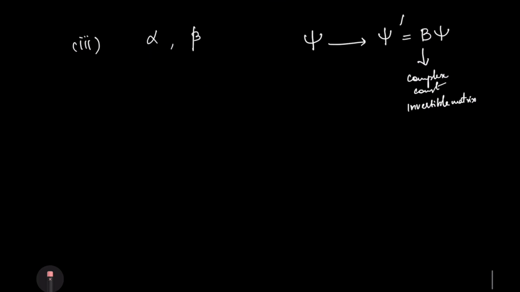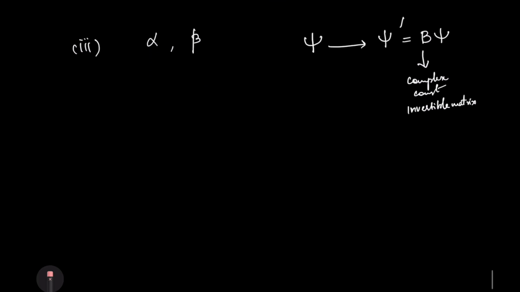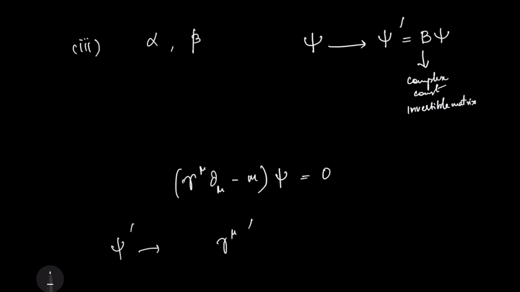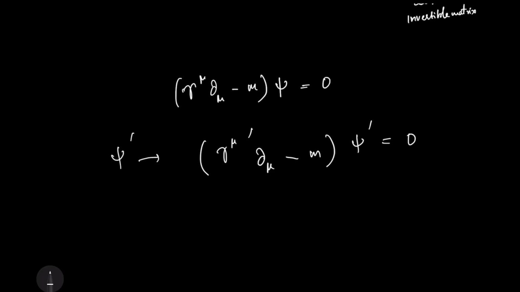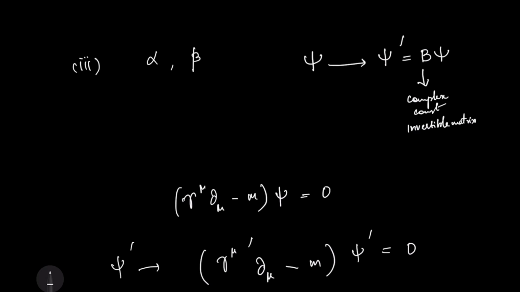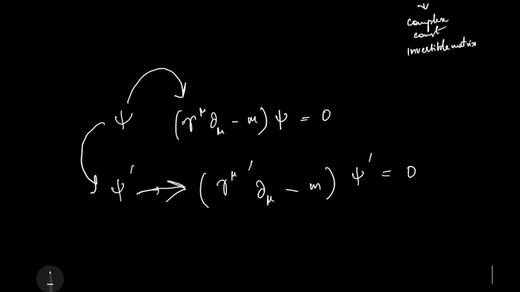If psi satisfies the Dirac equation, gamma mu del mu minus m times psi is equal to 0, then psi prime must satisfy gamma mu prime del mu minus m psi prime is equal to 0, right?